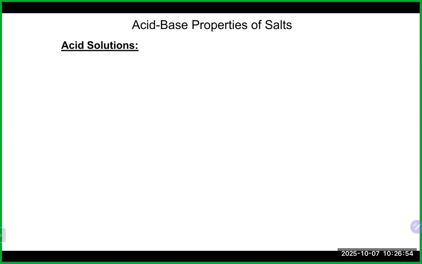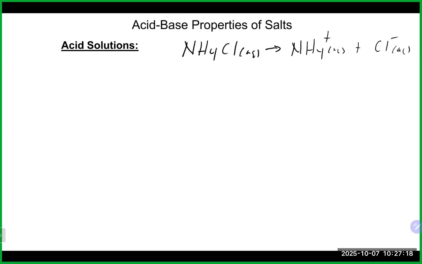There are also acidic salts, and for example, we'll take a look at this one here. Let's say we had ammonium chloride as our salt. Ammonium chloride here is a salt that will break apart into NH4 plus and Cl minus. So once again, if we're thinking about how we maybe got to this salt, we could think about it a step before.